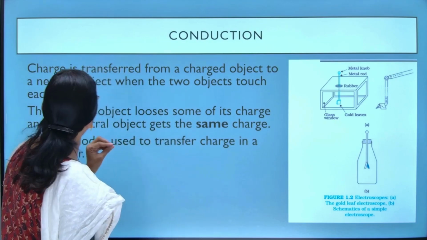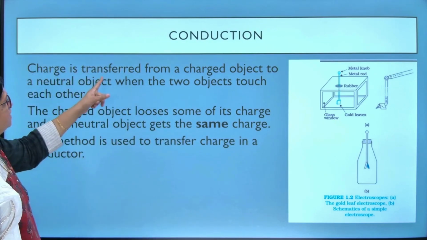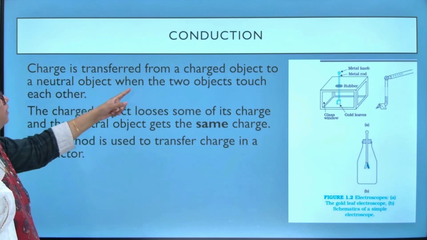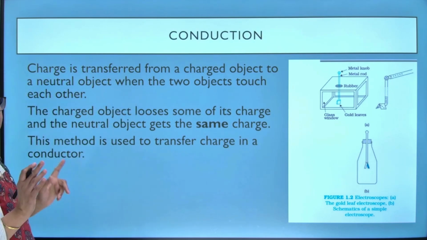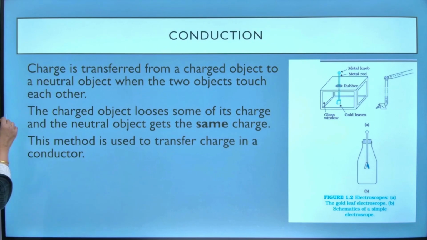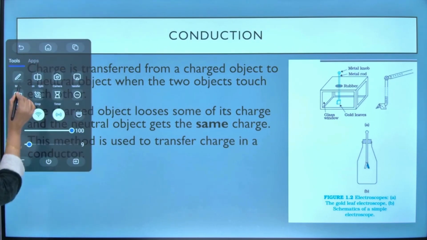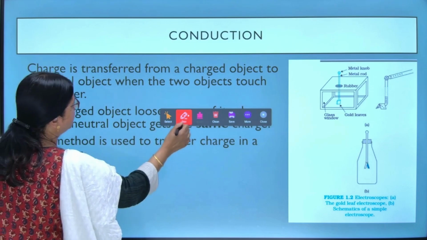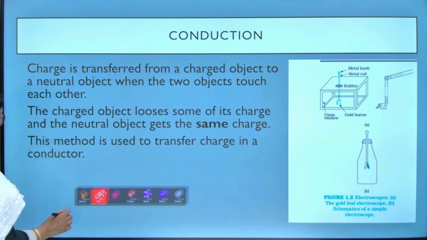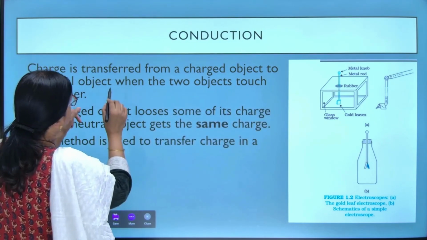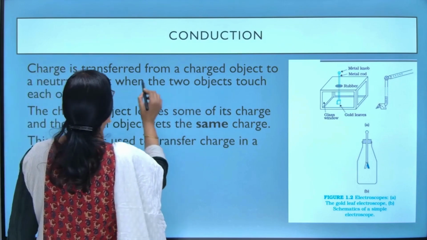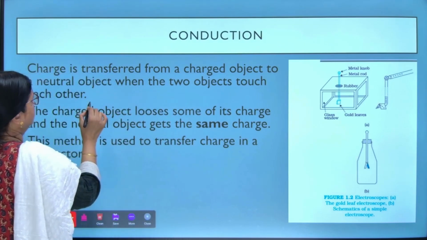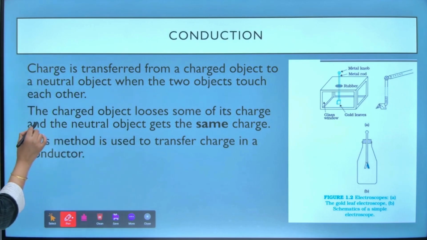Okay, so for that, charge is transferred from a charged object to a neutral object when the two objects touch each other. Now here the very important point which we are going to understand is that the body which is charged has to touch the other body.